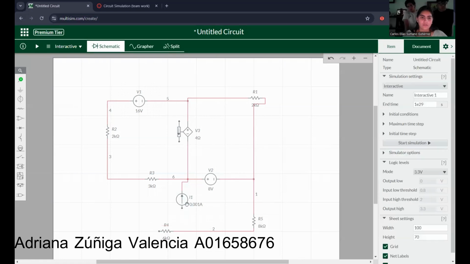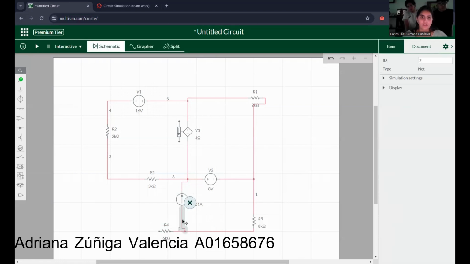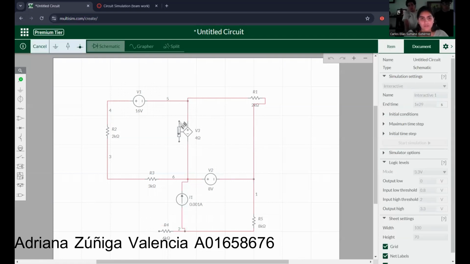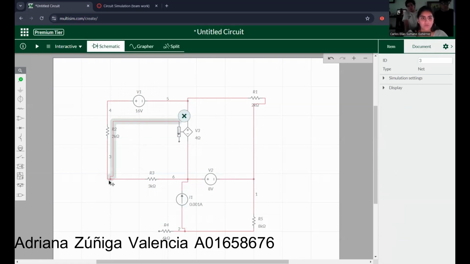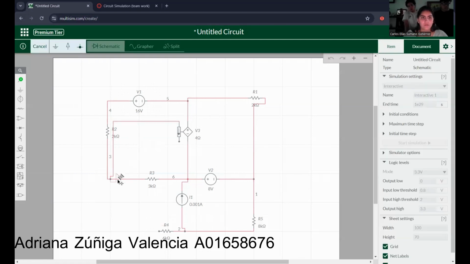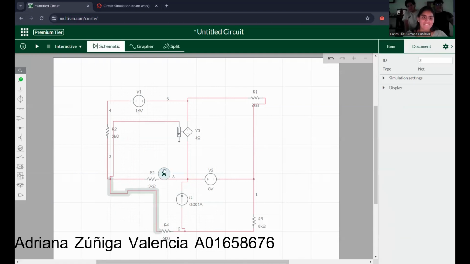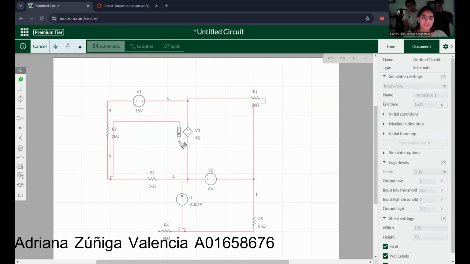And to this point. And finally, we connect the current going from this point to here, and here to this point.